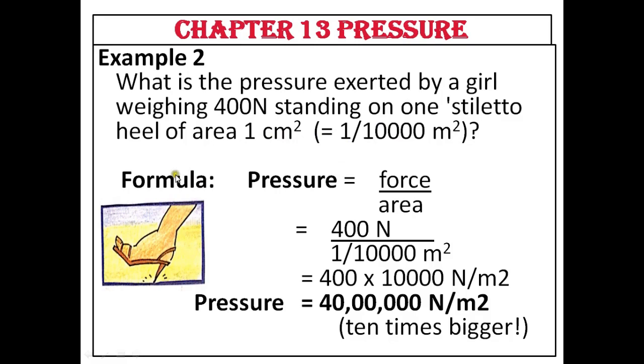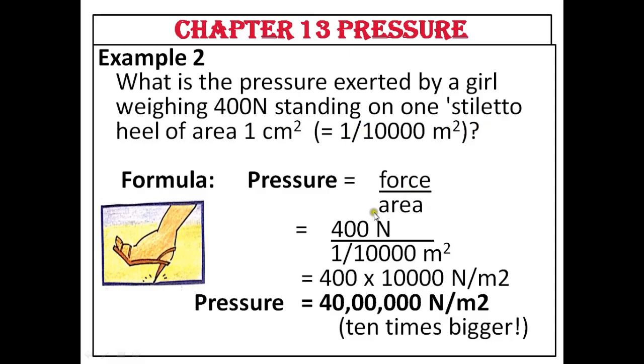The formula is pressure is equal to force upon area, and the force is given as 400 newtons, and the area is 1/10,000 meter square.